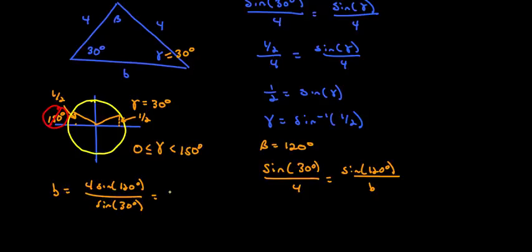And if we do some calculations here, this is 4. The sine at 120 degrees is square root of 3 over 2. And the sine at 30 is 1/2. So this is 4 square roots of 3.